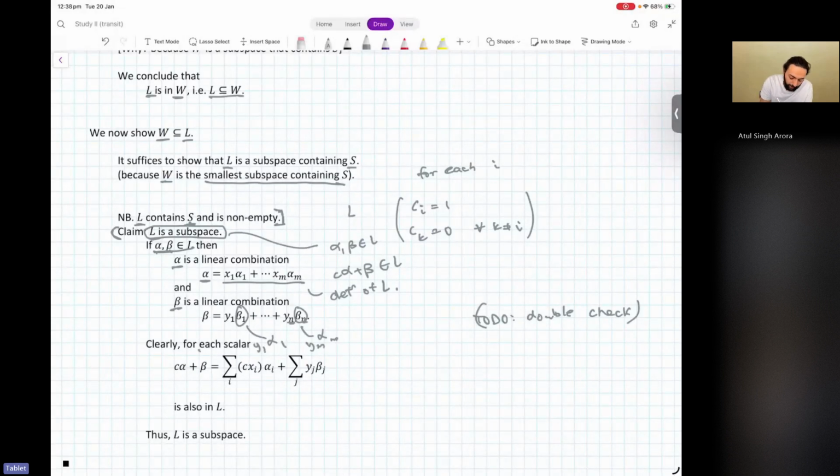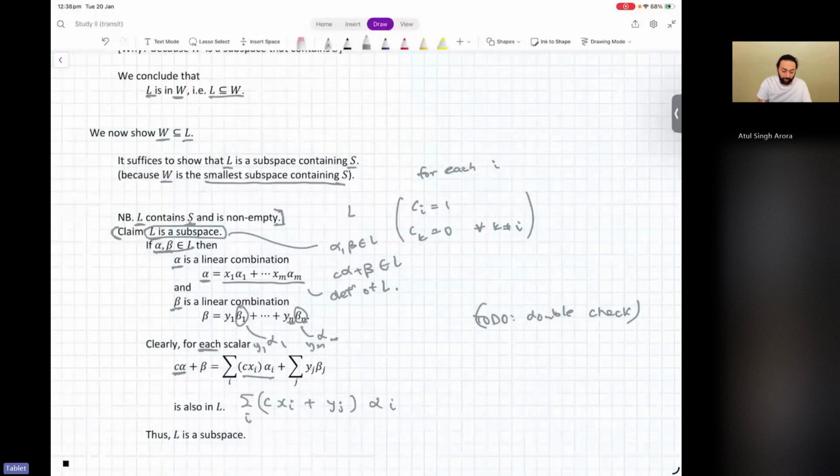Now for each scalar that we take, we just get a linear combination. It would be c xi plus yi times alpha i, if I'm substituting with alphas.